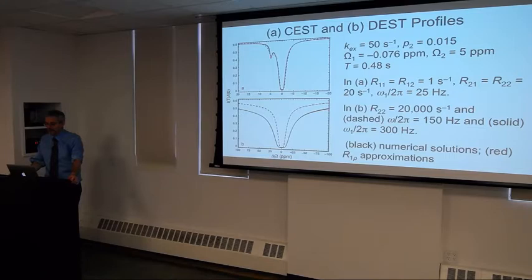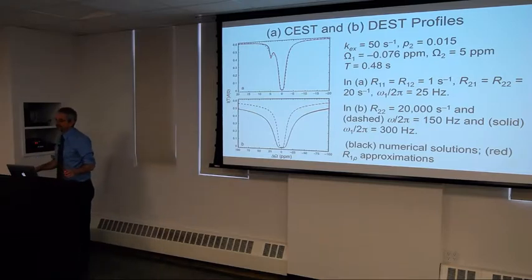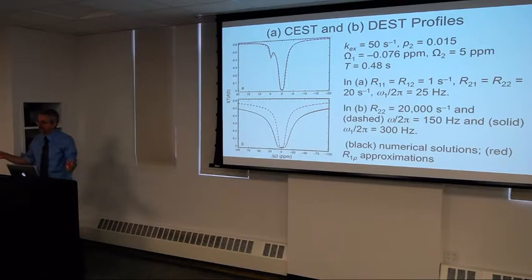A long time ago, Allerhand called the first case C-type exchange, where we're sensitive to the chemical shift difference between the states. And this bottom case he called R-type exchange, where we're sensitive to the relaxation rate difference between the two states.